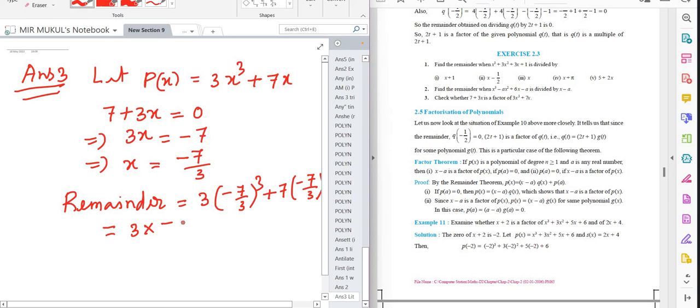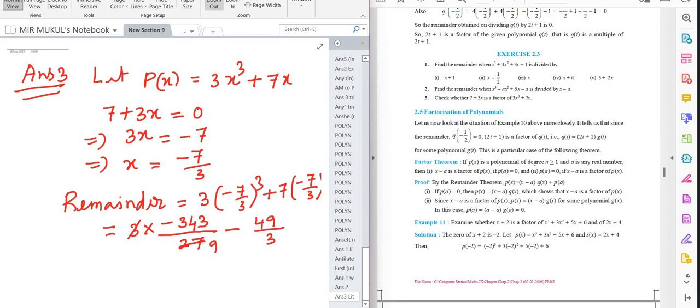What do you get? 343. And 3 into 3 into 3? 27. Here also minus 49 by 3. Now cut by 3. This is 9.